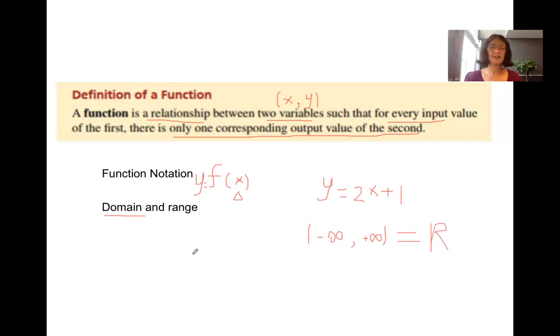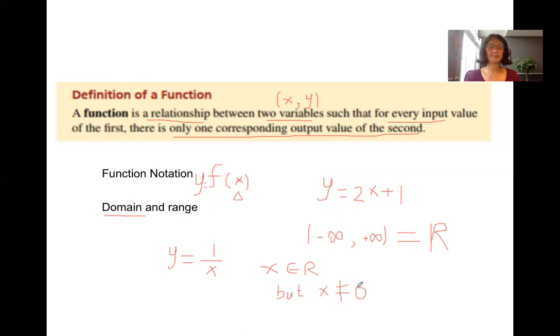Another example would be y equal to 1 over x. The domain of this function means what kind of x is permitted. x can be any real number, this symbol means belongs to, but x cannot be 0 because we know x cannot be in the denominator position.